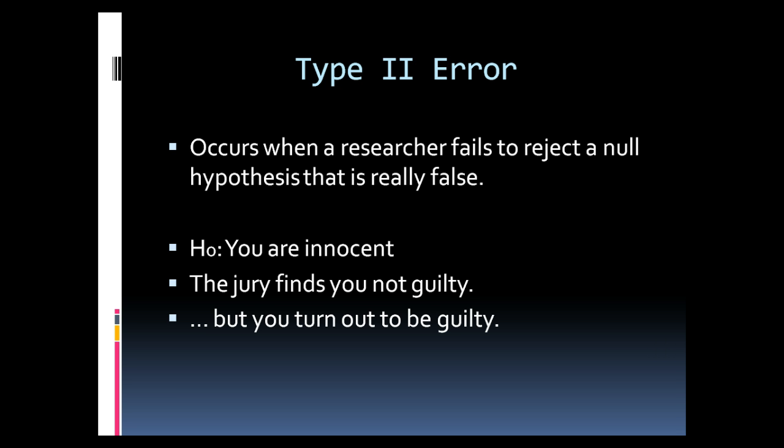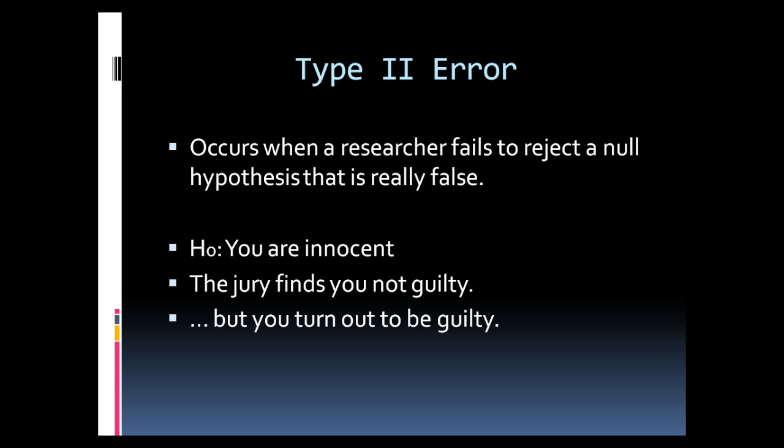So you actually did murder this person, so you're actually guilty, but they don't reject the null. They fail to reject the null hypothesis. And that's just another argument for why type 1 error is considered worse, because what if they reject the null that you are innocent, and it turns out you really didn't do it?